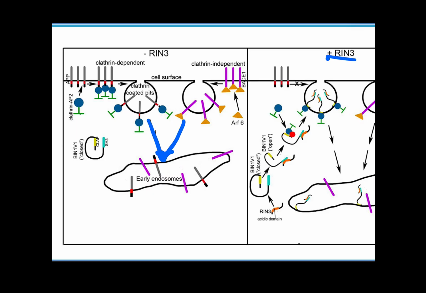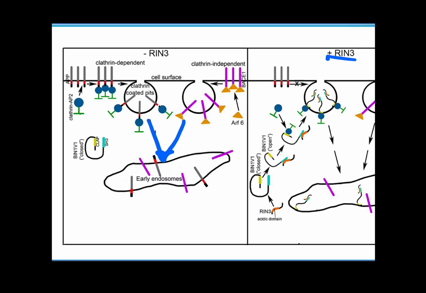That CLAP domain will interact with a molecule called clathrin that is important for the endocytosis of APP. So now what BIN1 V1 is doing is competing with APP for clathrin. It's like, oh, no, this clathrin is mine. So now V1 ends up inside of the endosomes and APP is left out.